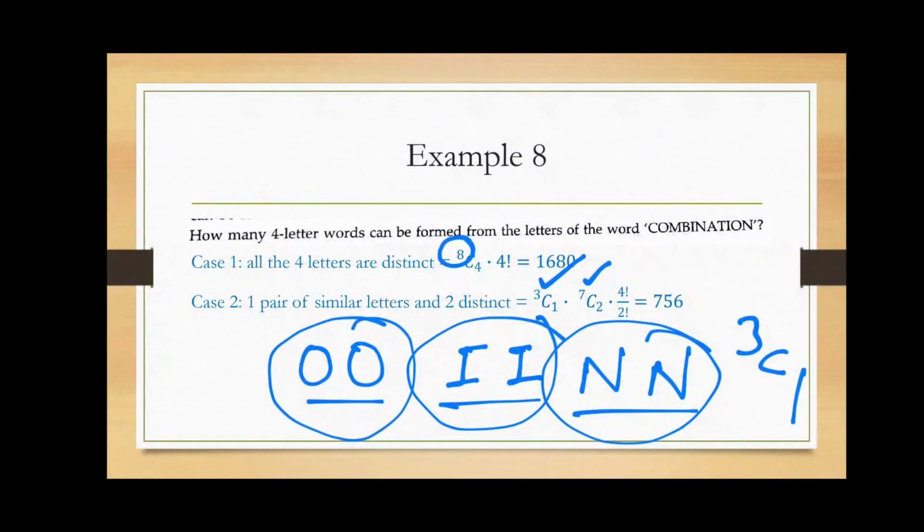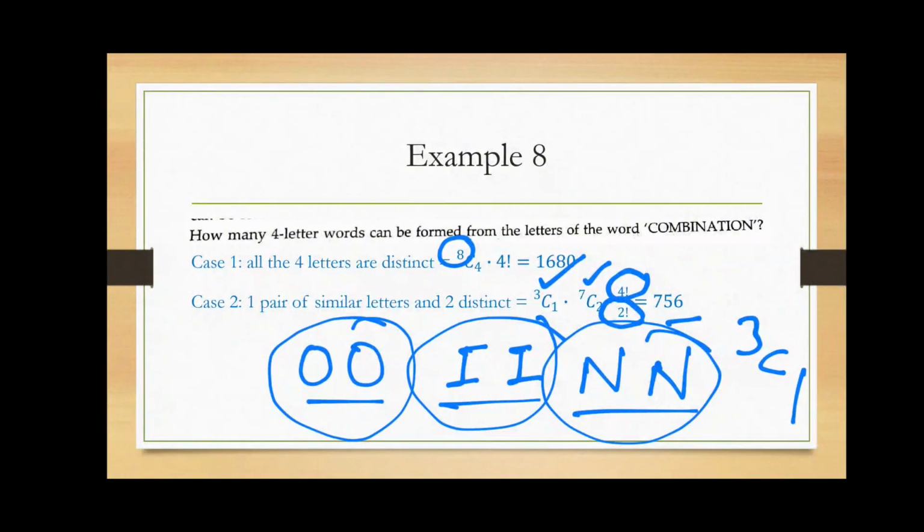Now let us go back to the same thing. This 4 factorial is basically all those 4 letters permuting within themselves in 4 factorial ways, right? And of which I already have a pair of similar letters, so I need to divide by 2 factorial. Clear? So that is the second case, and this is what you get.